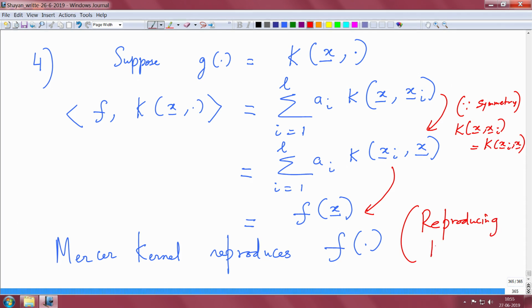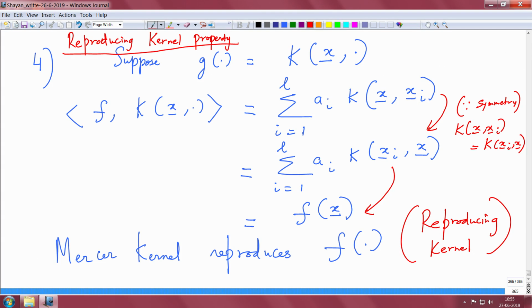This property is important, and it is called the reproducing kernel property.